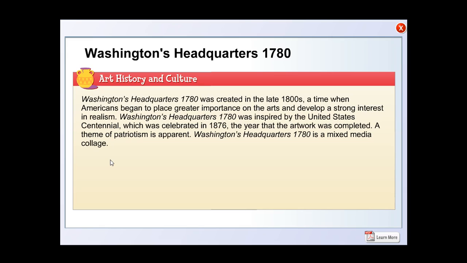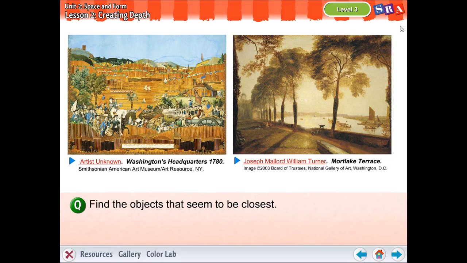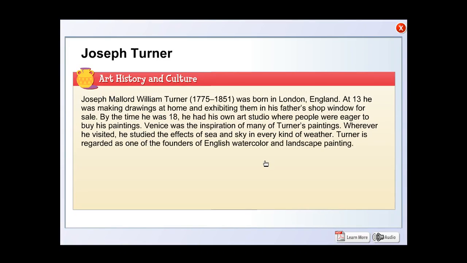It is a mixed media collage, which means there are a lot of different things that they used: paint, cutouts, all kinds of different things combined together and pasted down in some kind of composition. When you see the word collage, you know it's something like cutouts of things that are pasted, okay? And this one is by an artist named William Turner.